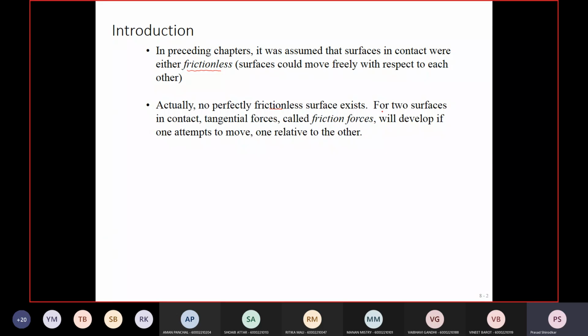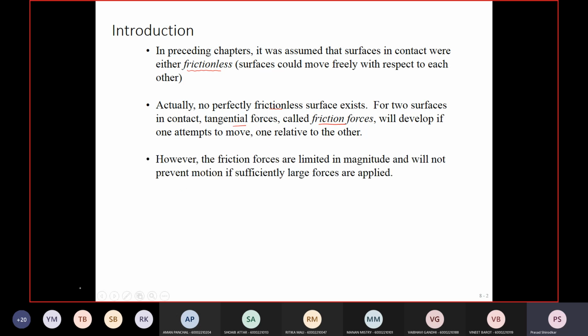When two surfaces are in contact, tangential forces called friction forces will develop if there is relative motion with respect to each other. However, the friction forces are limited in magnitude and will not prevent motion if there are sufficiently large forces. So if the forces are sufficiently large, then the friction cannot prevent the motion.